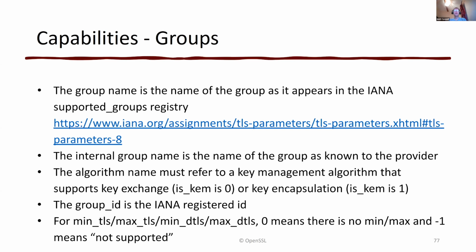The name that you give should be the same as the name as it appears in the IANA registry. And the internal group can be what it's known to as the provider.